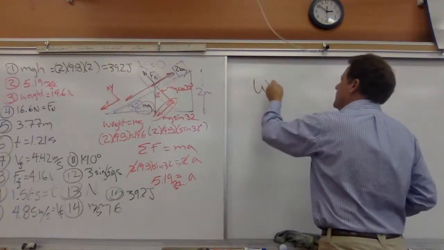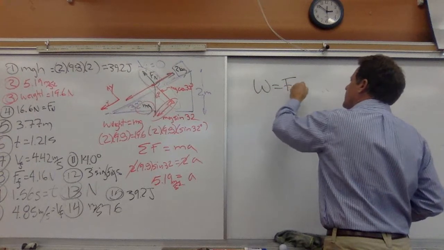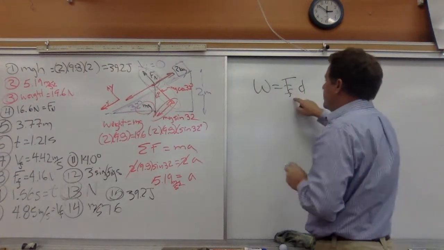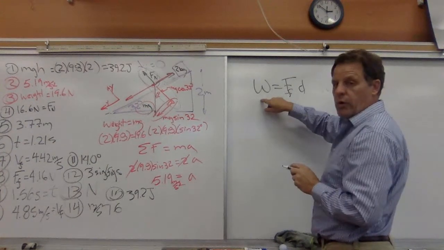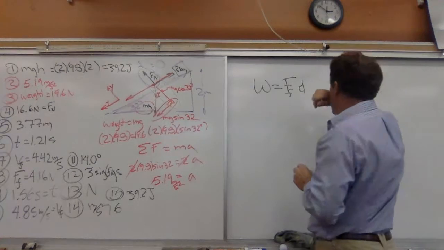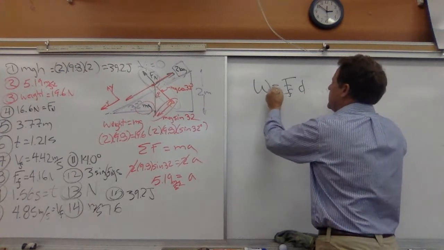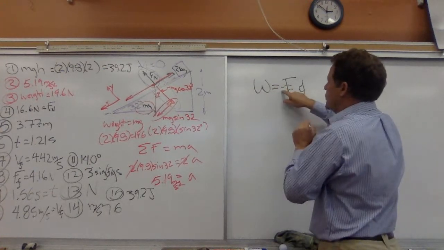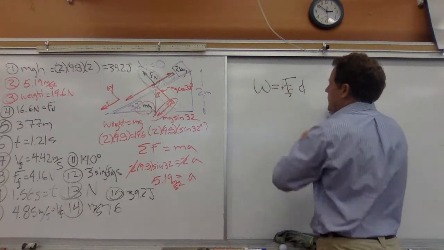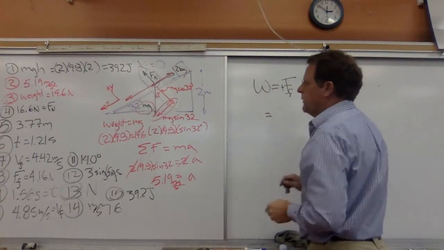Remember, work is equal to force times distance. So if this is the force of friction, this work is going to be the opposite of that. Technically speaking, the force of friction is negative, but we want the work to overcome that, so it's going to become positive.